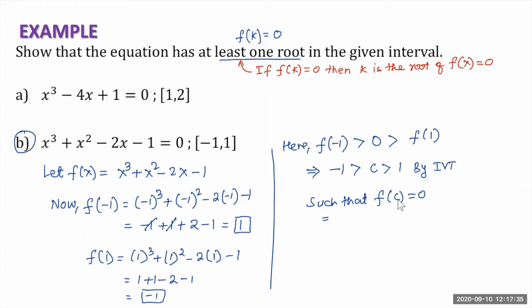So c is the root, and this c lies between -1 and +1. That's what we are supposed to prove. So we proved that there is a root in this interval using the intermediate value theorem. We are not asked to find what that root is. We are just asked to prove that there is a root, and we proved that there is a root that lies between -1 and +1.